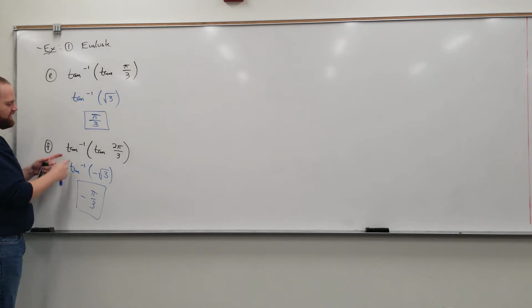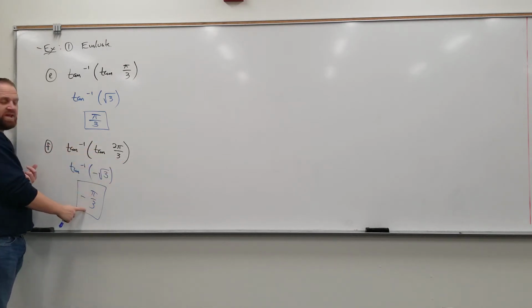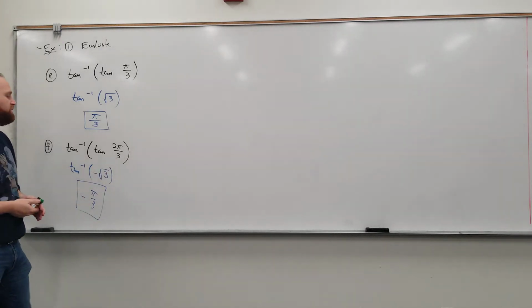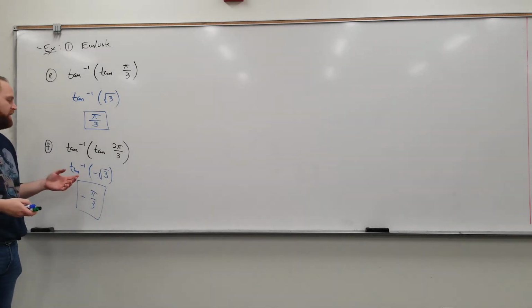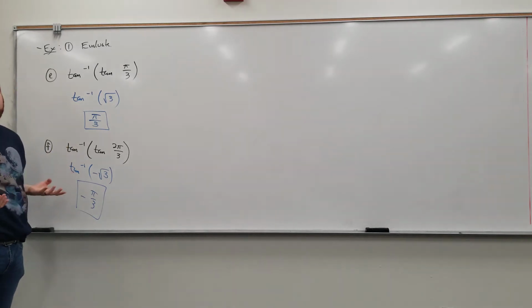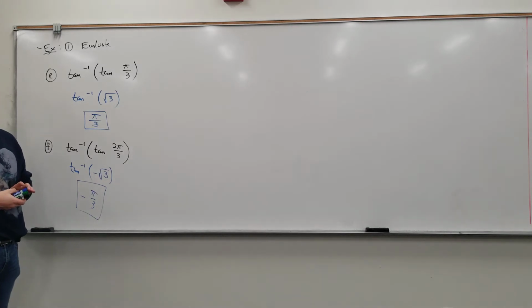So notice that in this case, tangent inverse of tangent, they didn't just cancel off and give us 2 pi over 3. We ended up with a completely different angle. And that goes back to what we were saying when we started this lecture. These quote-unquote inverse trig functions are not true inverses because the trig functions themselves are not one-to-one.